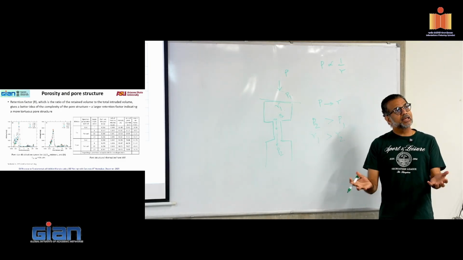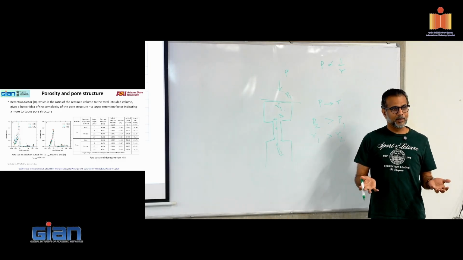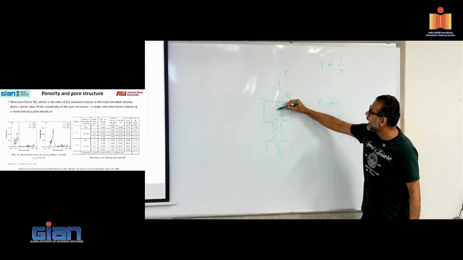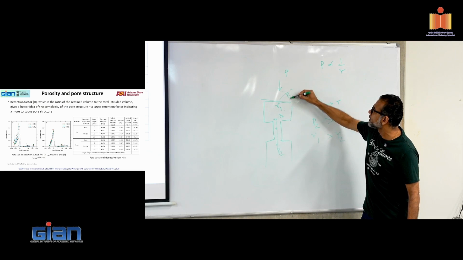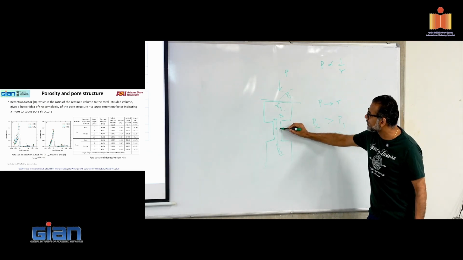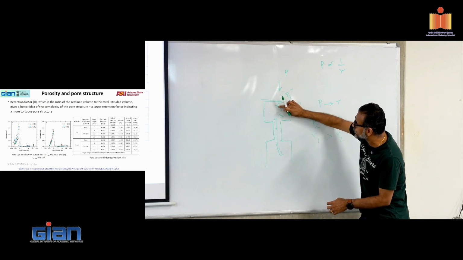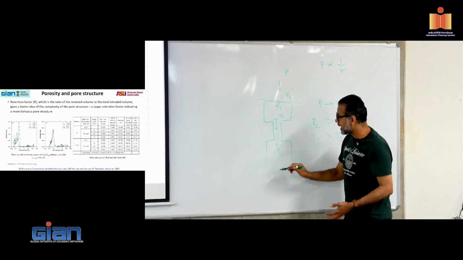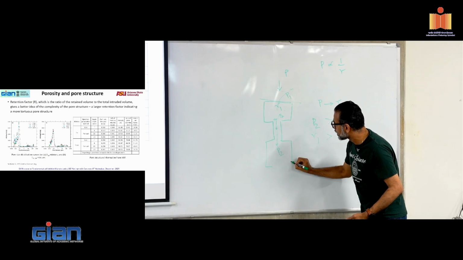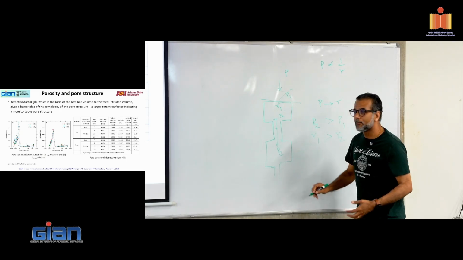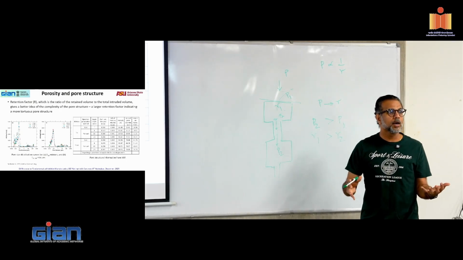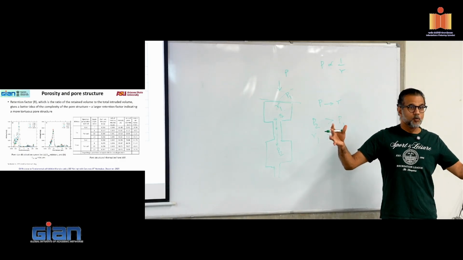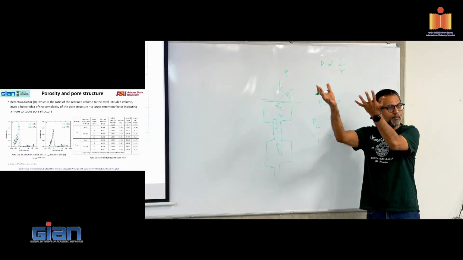So let us take this example. Now, if I remove the pressure, mercury has to come out, right? If I remove the pressure, it will come out of this pore at that pressure, and when it comes out of this pore, it will take this one also. And then if there is another pore that is smaller, mercury will not come out of that pore unless I evacuate it at a higher pressure, which I cannot because I've already gone back down.